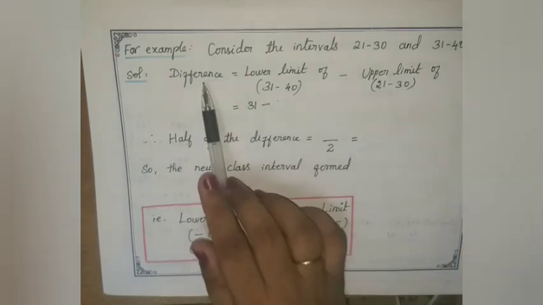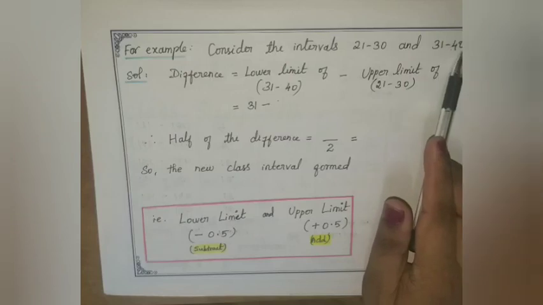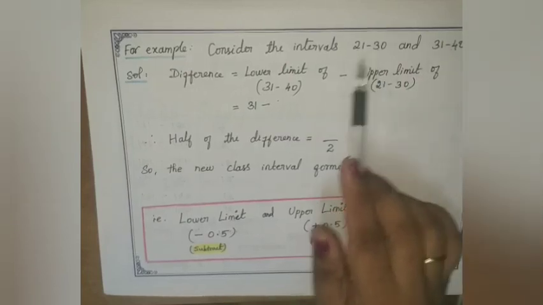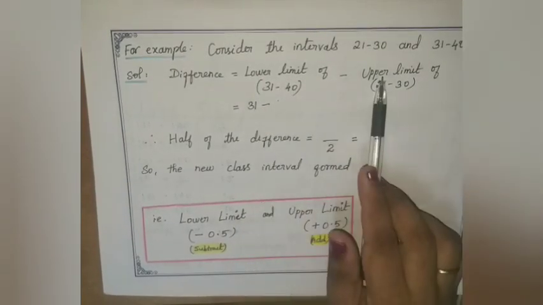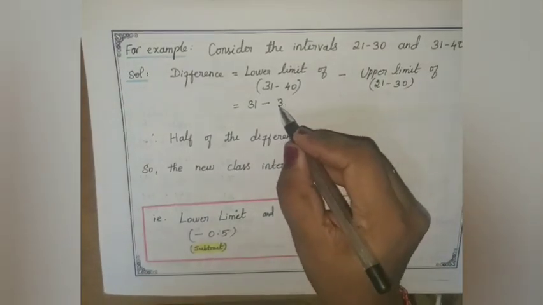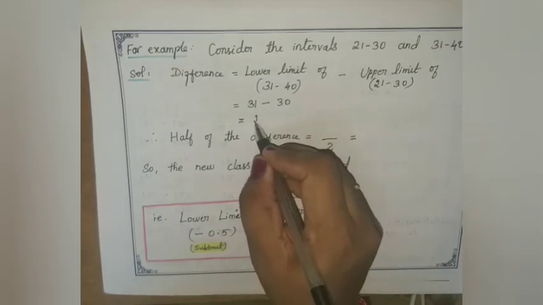The difference is the lower limit of 31 to 40, which is 31, minus the upper limit of 21 to 30, which is 30.